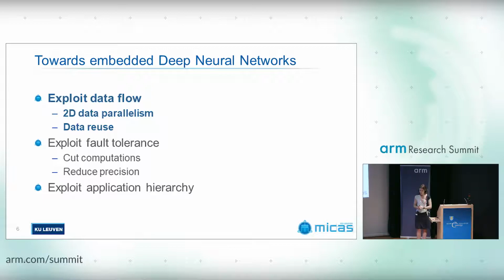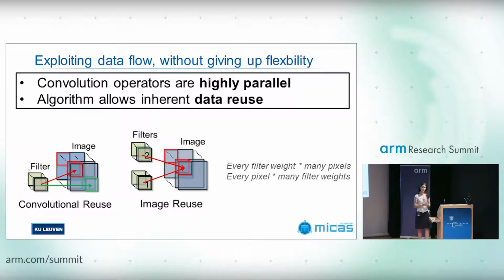The first thing you can definitely exploit is the very typical computational structures and data flows you find in such deep learning algorithms. We're focusing for this talk on CNNs. These are convolutional neural networks, or ConvNets, like our second speaker also introduced.